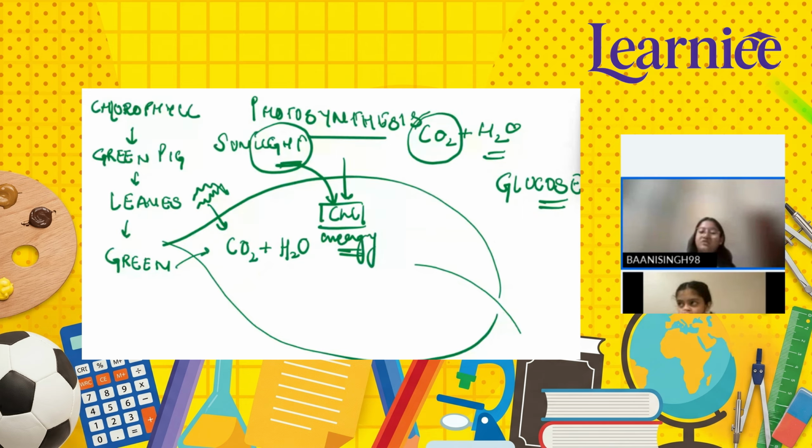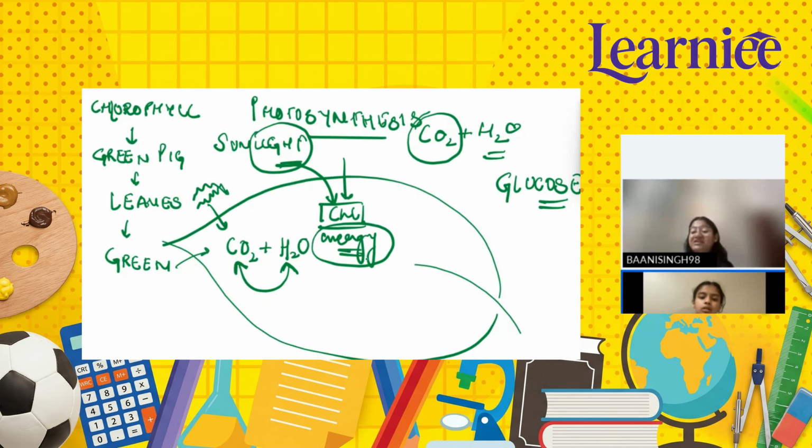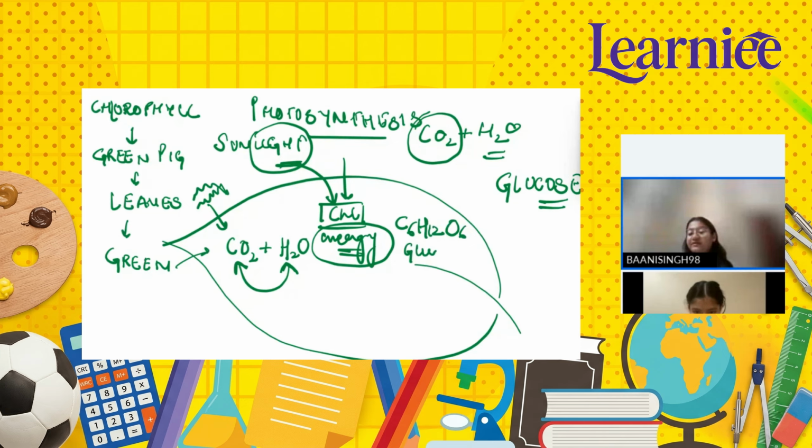So what do we say now? In the presence of the energy, that is the sunlight, carbon dioxide and water react with each other. When they react with each other, they form the substance having the formula C6H12O6, which is glucose.